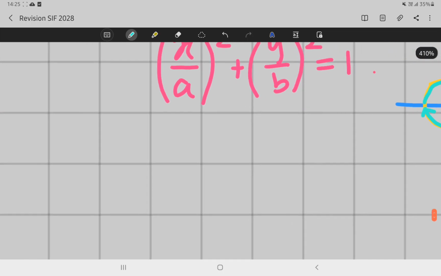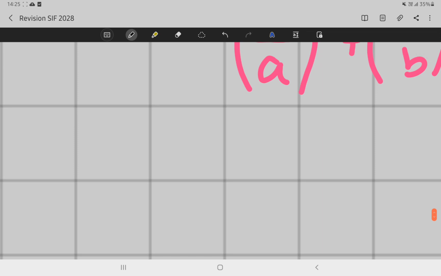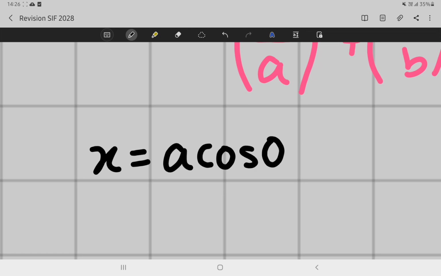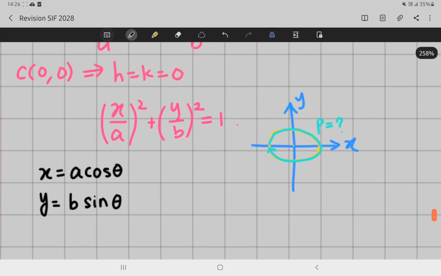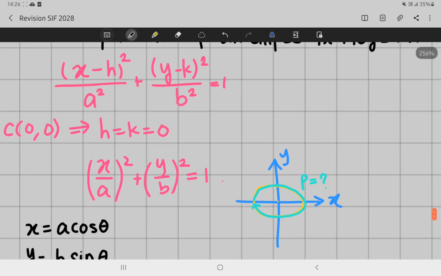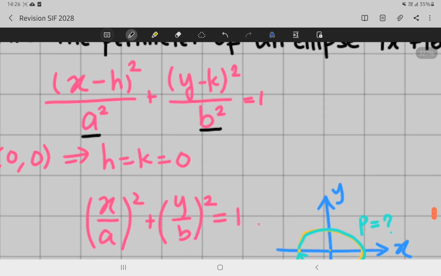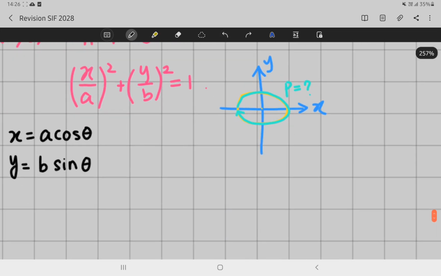First of all, from our polar coordinate knowledge, we know that x equals a cosine theta, and y equals b sine theta. The parameters a and b are the semi-major and semi-minor axes of the ellipse, respectively. a is associated with the x-axis, and b is associated with the y-axis.